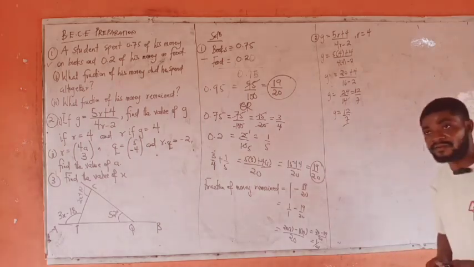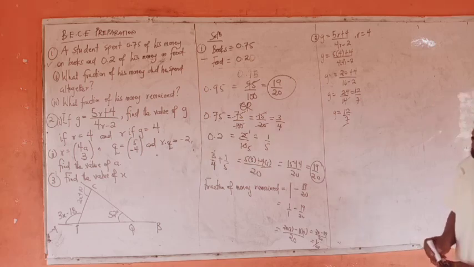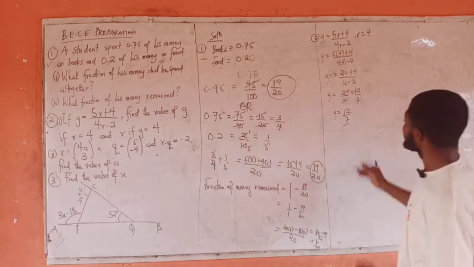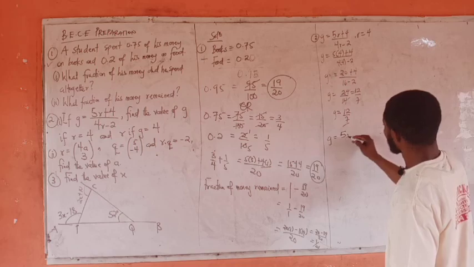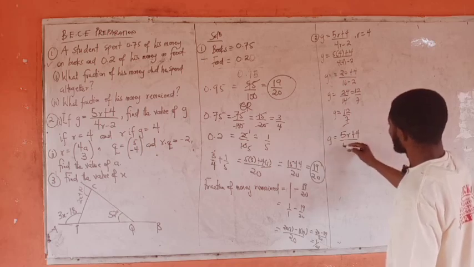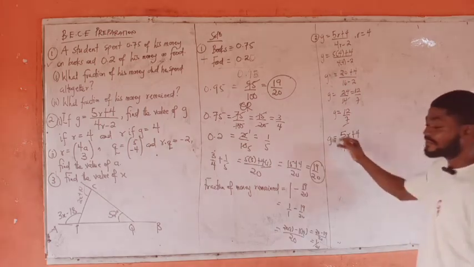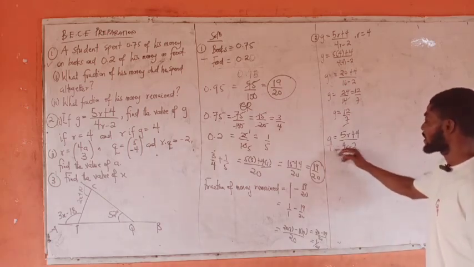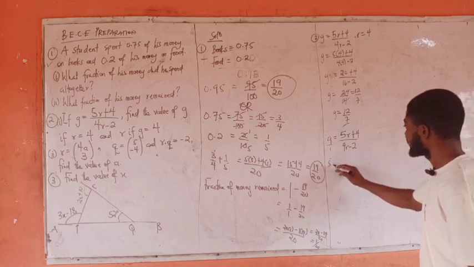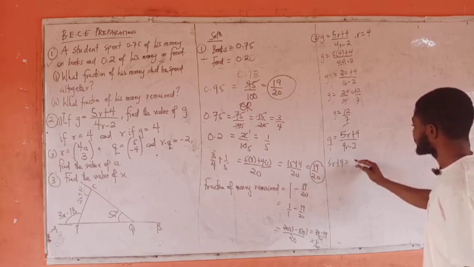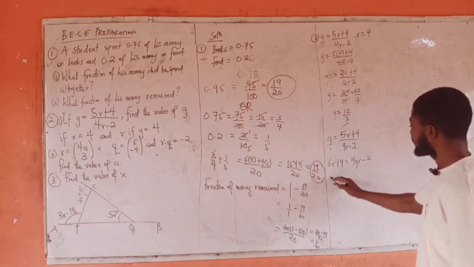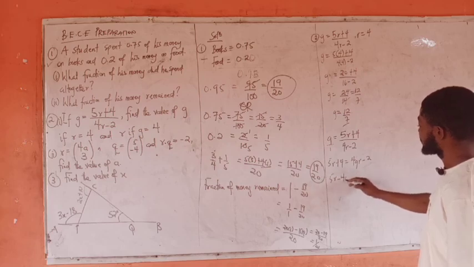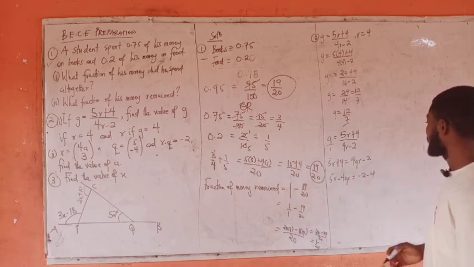We have to find the value of r also when j is equal to 4. So by this we have to make r the subject from here. So this is over 1. I cross multiply: 5r plus 4 is equal to 4jr minus 2. Bring the r here: 5r minus 4jr is equal to minus 2 minus 4.